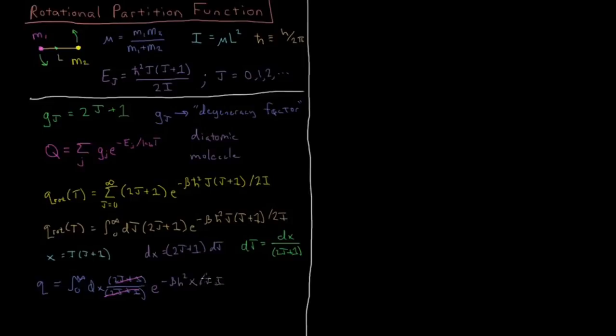So really what we have here is we need to find the appropriate integral from 0 to infinity of, let's say, dy, just to make it easier, of e to the minus, let's say, alpha y.